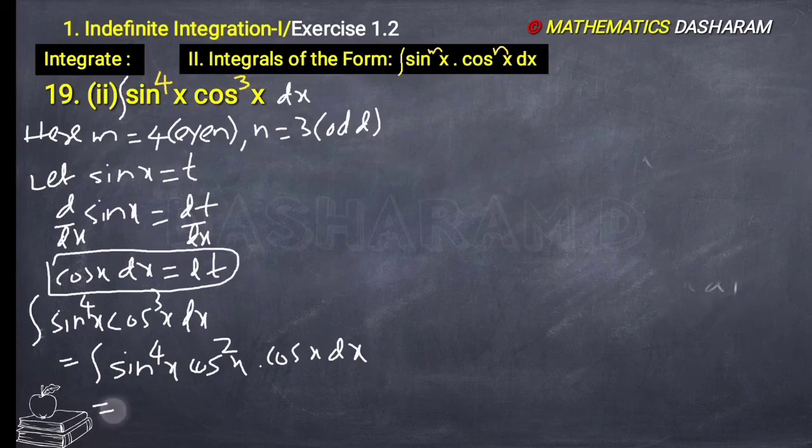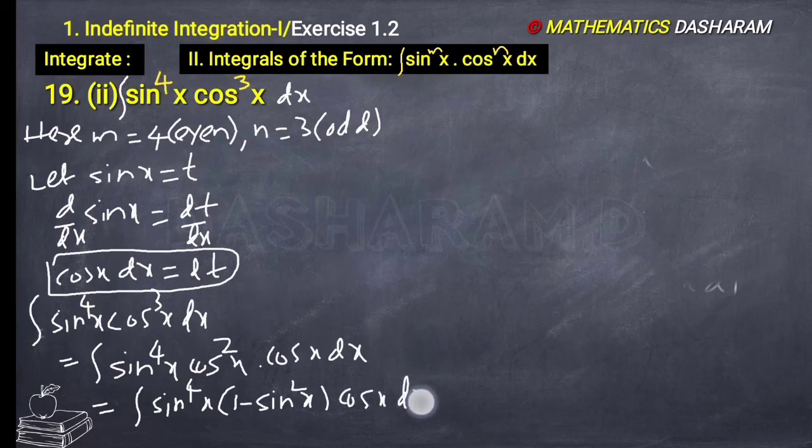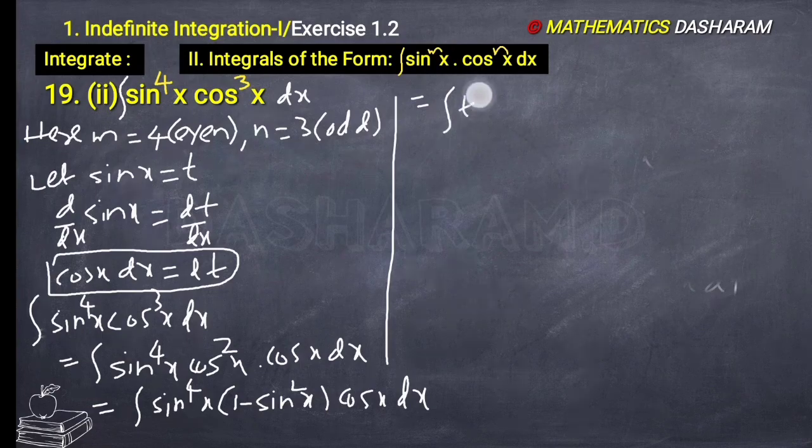So then it is equal to integration sin to the power of 4x. Here from the identity, cos square x can be written as 1 minus sin square x, into cos x dx. Now substitute the values in this. It is equal to integration t to the power of 4 into 1 minus t square, into cos x dx equals dt.